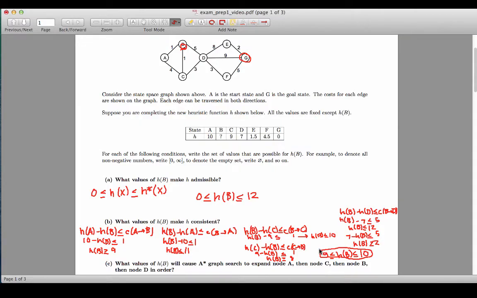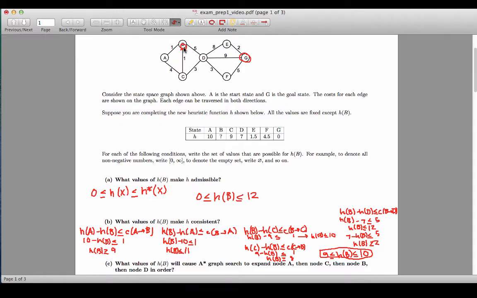Also note that we didn't need to check the nodes that are not neighbors of b, because if we know that this heuristic is consistent for every other pair of nodes that doesn't include b, and if, for example, d to f is consistent, and b to d is consistent, then we also know that b to f is also consistent, because the difference in heuristics between b and d doesn't overestimate the cost, and neither does the difference in heuristics between d and f.